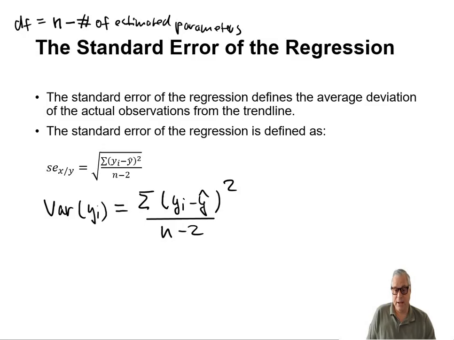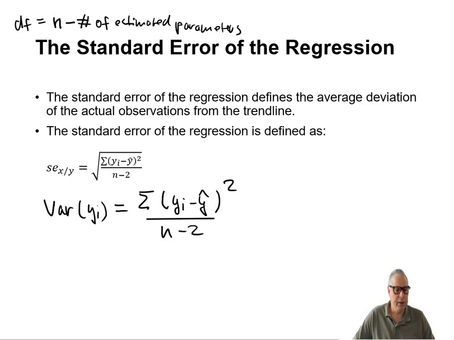And if we take the square root of that, we get basically the standard deviation or the estimated standard error, and that is with respect to the sampling distribution.